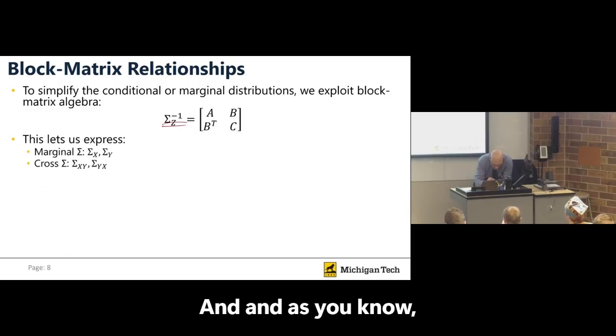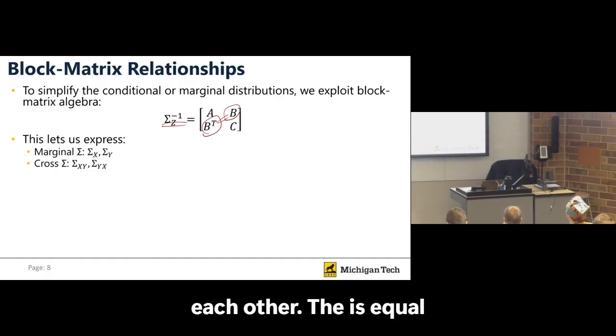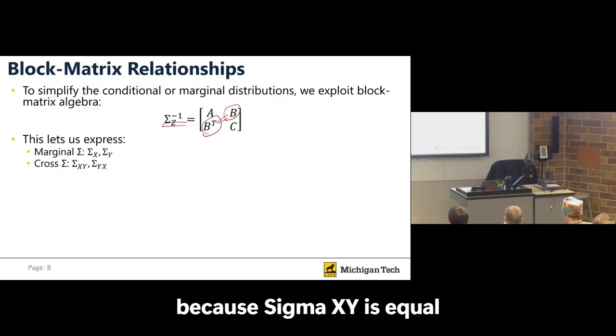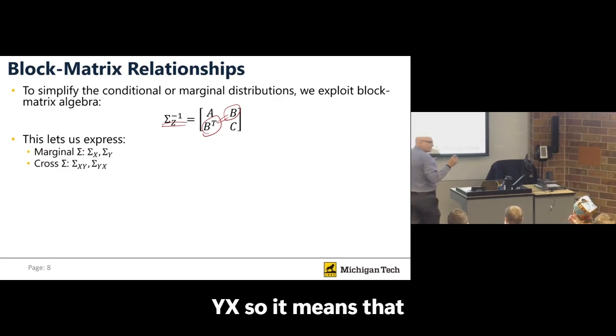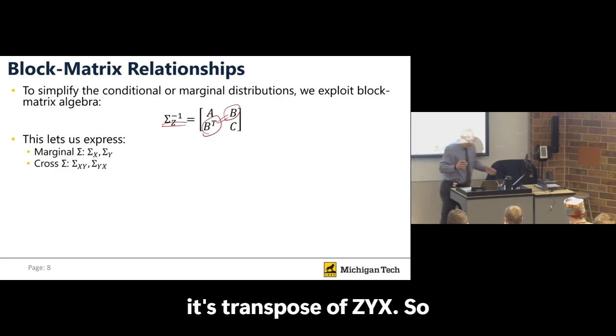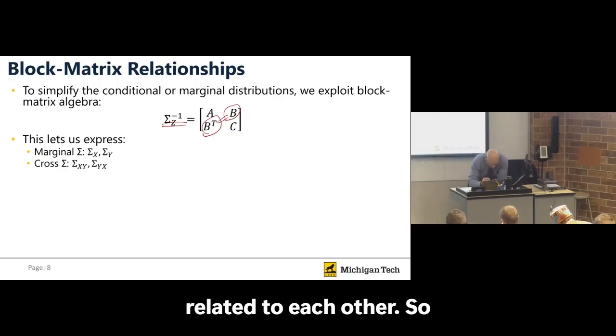And as you know, B and B transpose are transposes of each other, because sigma xy is equal to sigma yx. It means the transpose of sigma yx. So that's why these two are related to each other. We don't need to have four values; we just need three.